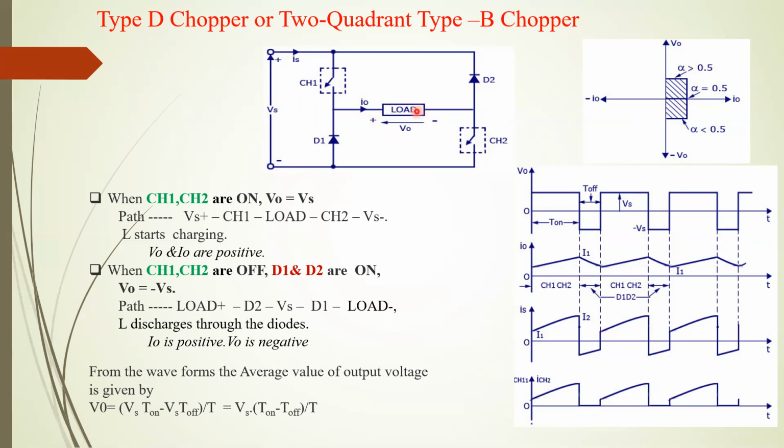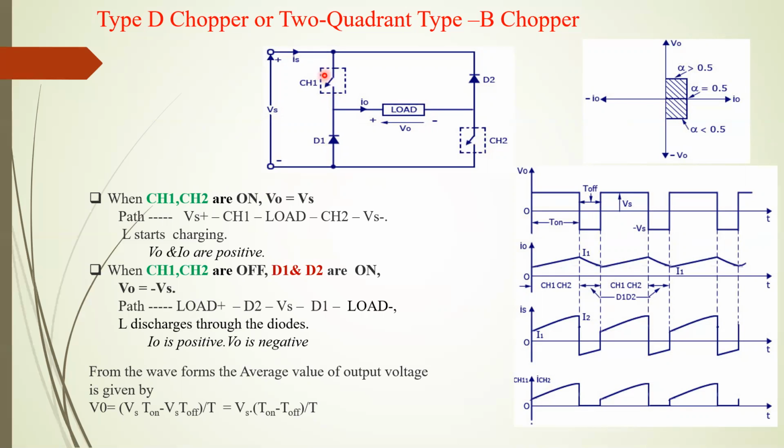This is the V naught. So we can consider it as positive, that is, I naught is positive and V naught is positive. In this case, the load is an RL load. This L, the inductive load, is now charging here.